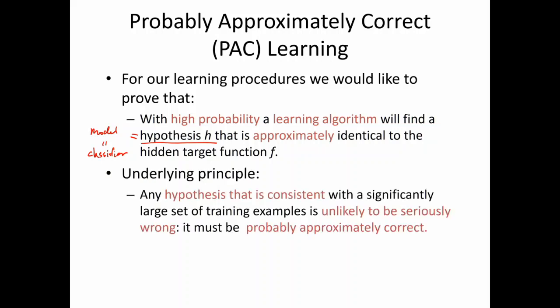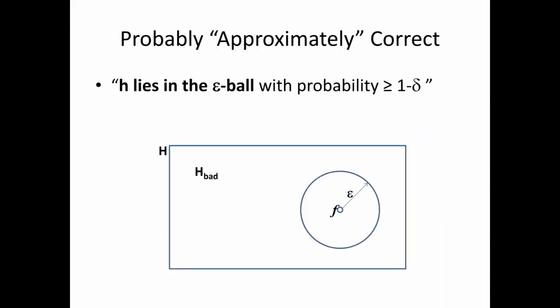And the underlying principle is that if our model gets a significant number of examples correct, then it's unlikely to be very wrong. What we just talked about can be formally expressed as our model H lies in the epsilon ball with probability greater than 1 minus delta. So we want to say our H falls within here. So F is a true model that would always correctly identify cancer patients, and we want to be able to say H is close enough to that.